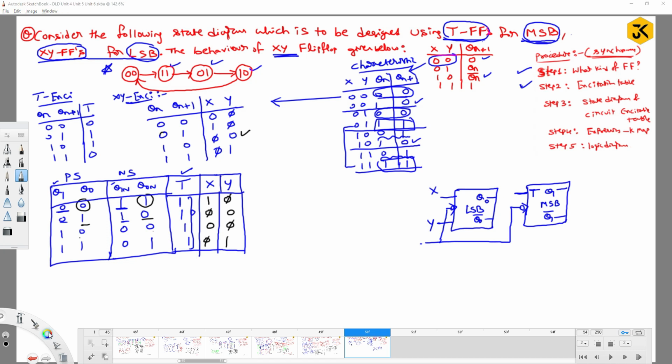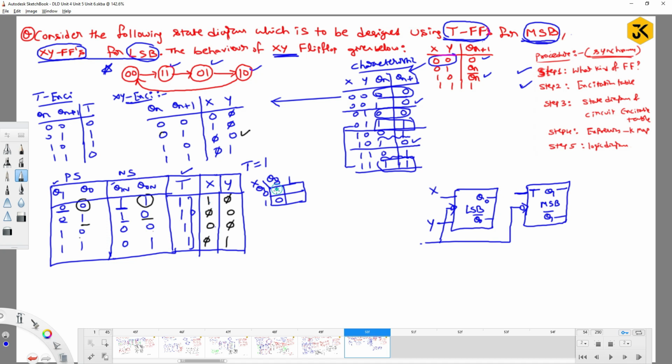Now, to construct the circuit, you have to go with the simplification. What might be the value of T? T value is 1. What might be the value of X? You have to note it down with K maps and simplify it. Q1 and Q0: except for 1 0, all the remaining are considered.